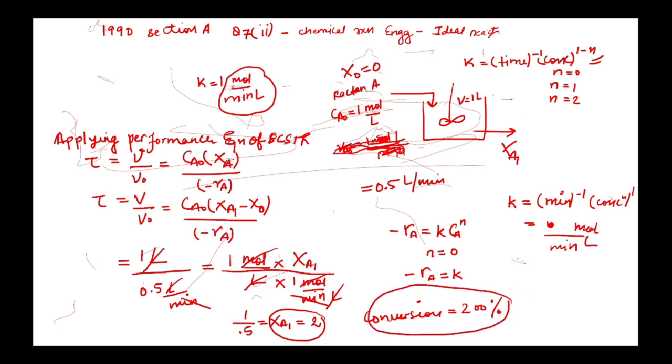But here is the trick. XA, the conversion of A, B, C, D: A does not mean anything special, it is just a symbol representing the reactant. If A, then we will put A, if B, then we will put B, if C, then we will put C. So XA never exceeds 1 or 100%.